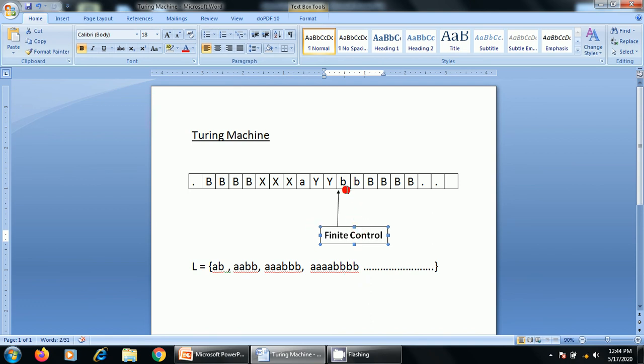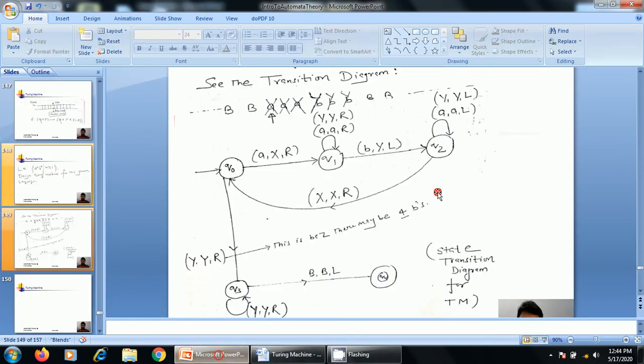Now we have received the third B corresponding to this third A. After receiving B, make it Y and move left.